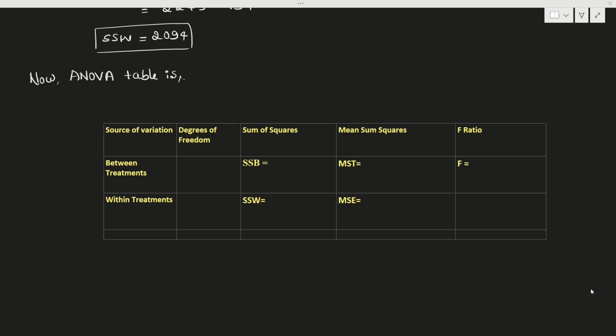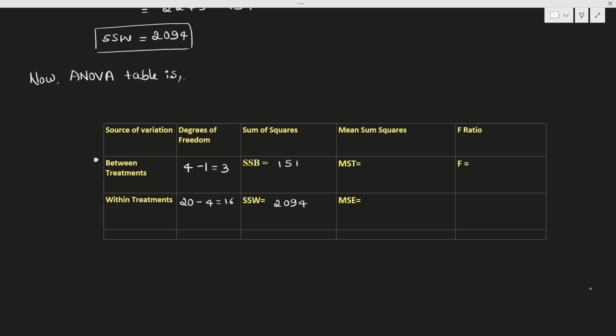Degrees of freedom is number of columns 4, 4 minus 1, that is 3. Then n minus k. Total number of terms n is 20 and k is 4, so it is 16. SSB is 151 and SSW is 2094.